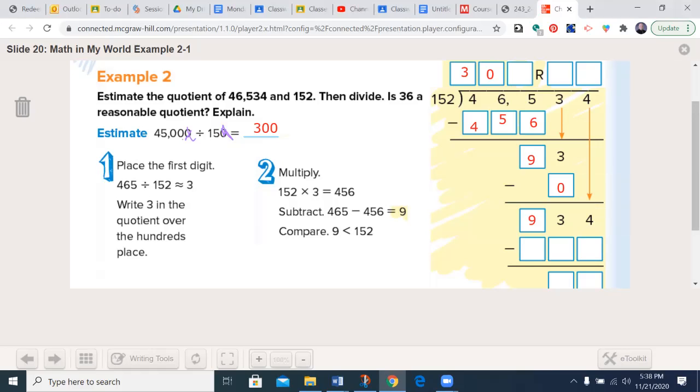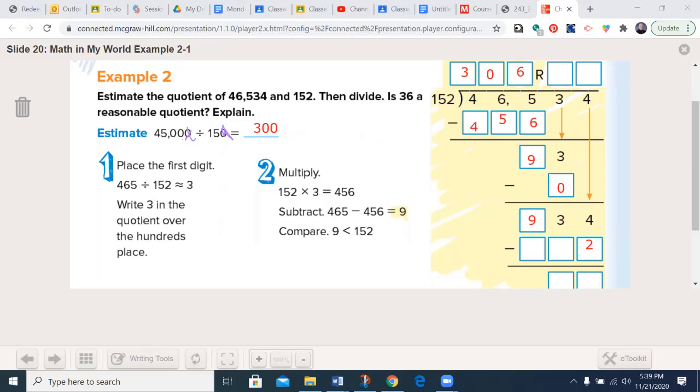And I'm going to estimate. I know that 15 goes into 60 4 times and 96 times. So I'm going to try the 6. 152 times 6 is going to be 6 times 2 is 12.